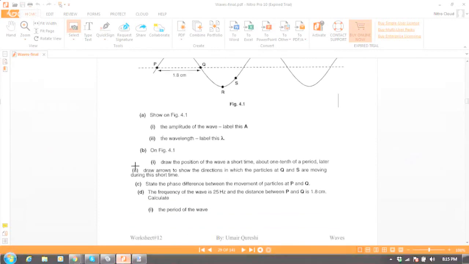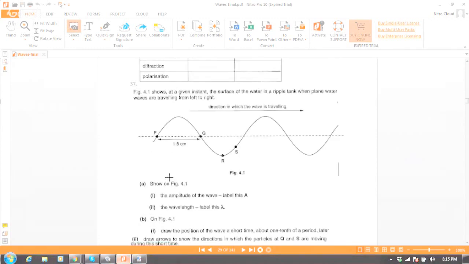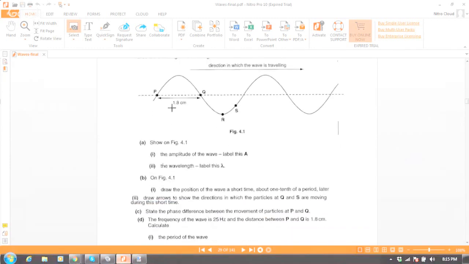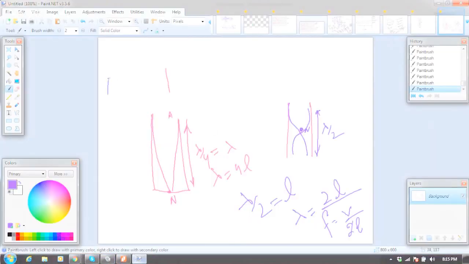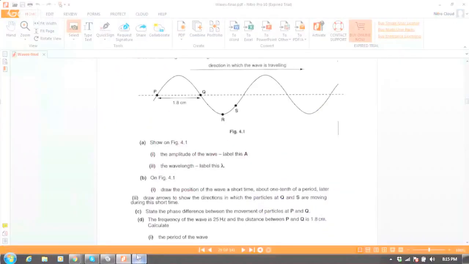Draw arrows to show the direction in which the particles at Q and S are moving during this short time. So progressive wave, Q के ऊपर direction of the particle upward होगी, और S पे direction of the particle downward होगी. So you draw it like this. Here the particle is directed upwards, and here the particle is directed downwards.